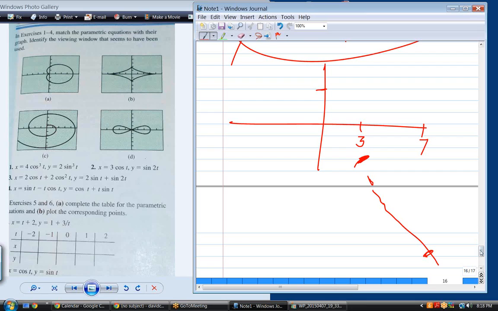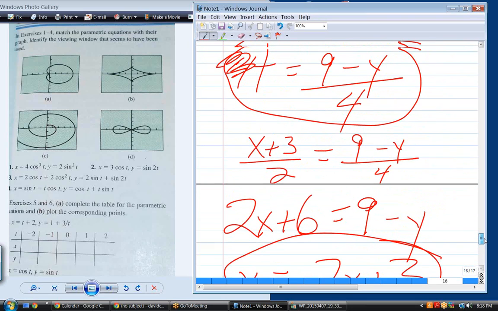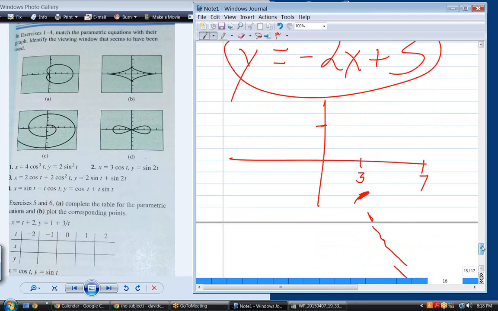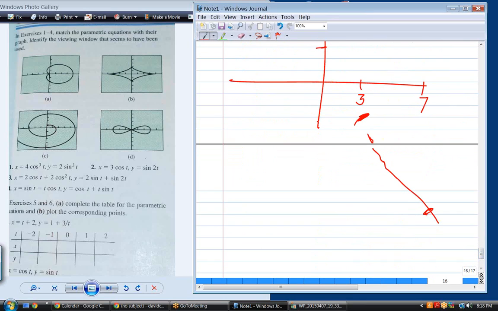And a y going from, well, when t is 3, y is minus 3. When t is 5, y is minus 11. And you can see from our curve that this part of the line goes from minus 3 to minus 11 on the y-axis.